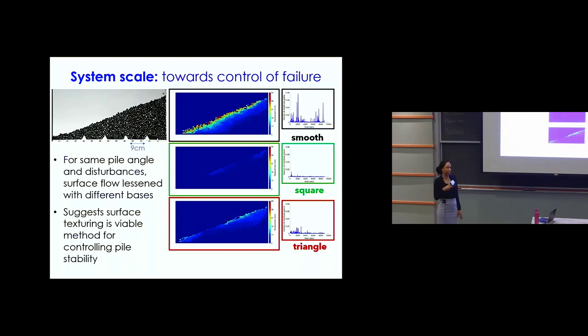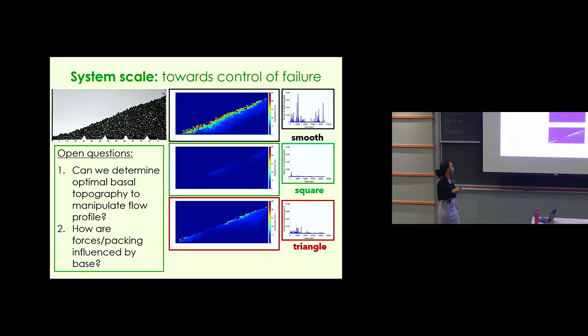And next to it are plots that show the fraction of grains that moved above a certain distance as a function of time. So we see that just by making those changes to our base profiles, our surface flow is substantially lessened. This hints to us that surface texturing can be a viable method for controlling the type of flow response or stability of our pile.